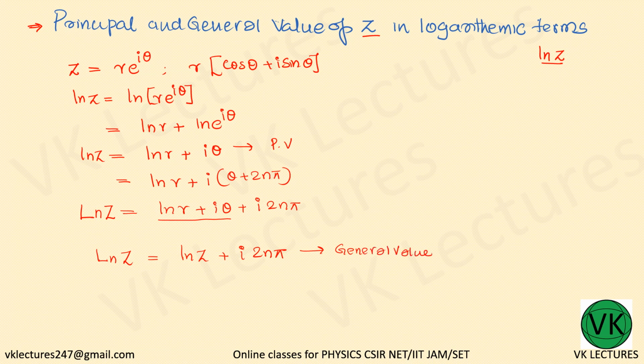This is the principal value. So general value is equal to the principal value, that is this one, plus 2n pi i.